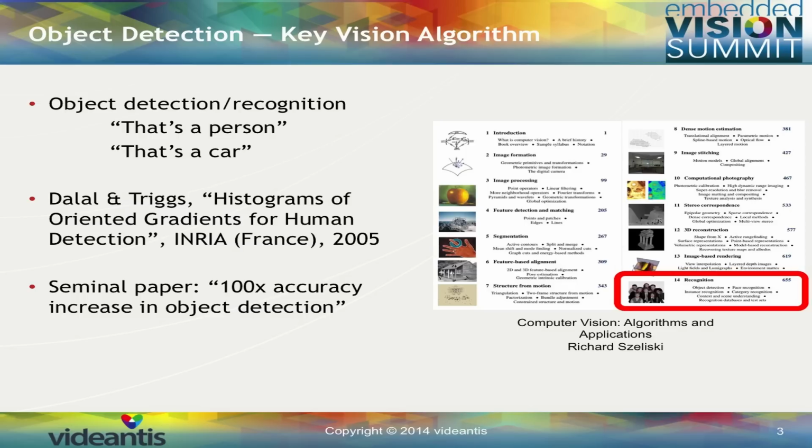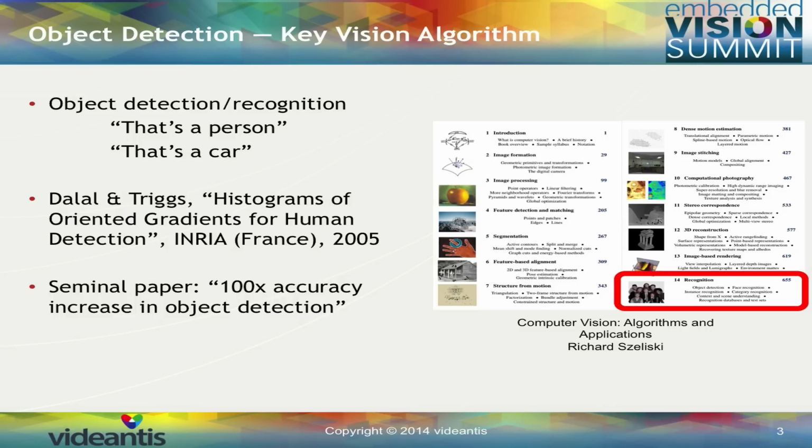If you look at one of the computer vision books by Richard Szeliski, which you can find online for free download, one of the chapters is about object detection, but it's one of the later chapters, so it's maybe a little bit more complex and further on than the typical filtering and feature detection and feature tracking and all those kinds of algorithms that he describes in his book.